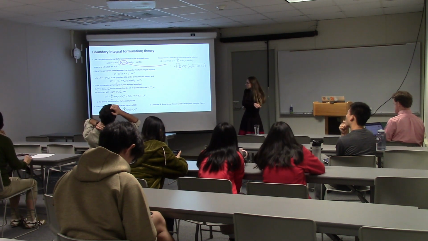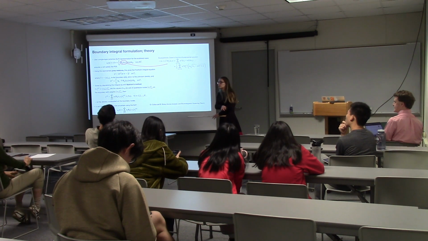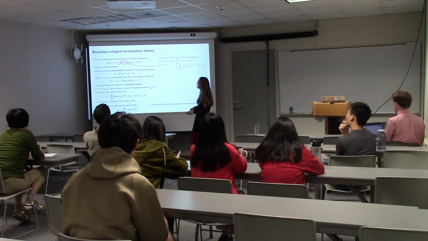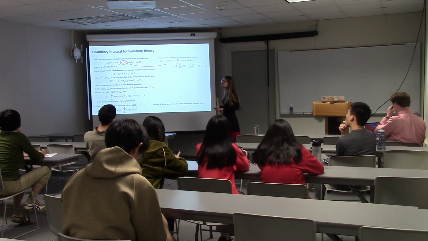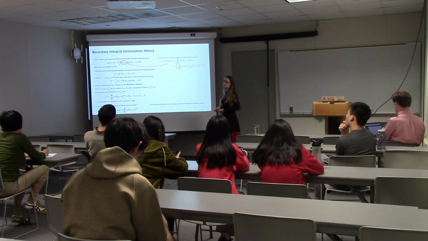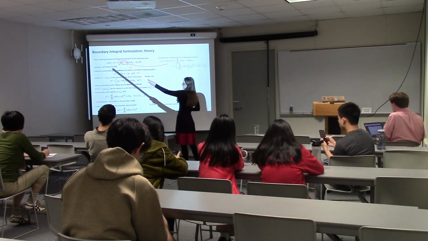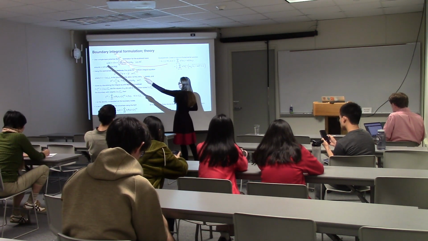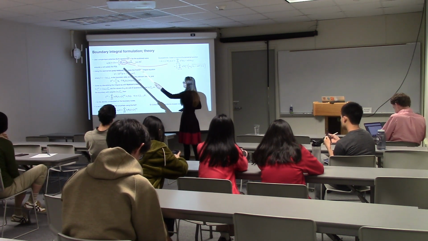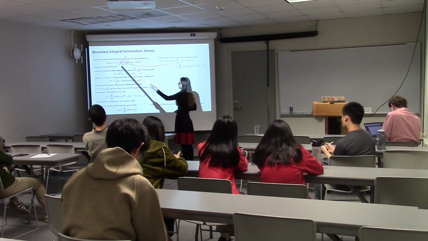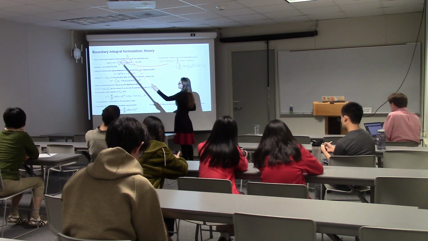Okay, so just a very quick introduction to boundary integrals. Boundary integral equations work by converting the PDE into a dense linear system. The way that works is we model the scattered field with something called a single layer potential. This means that we deconstruct the solution in terms of fundamental solutions.